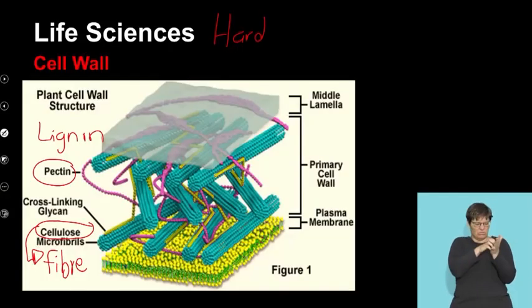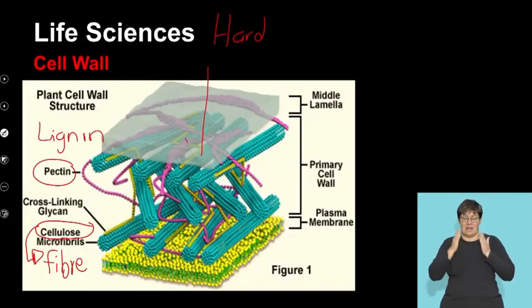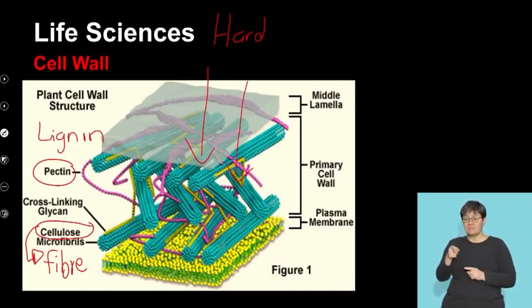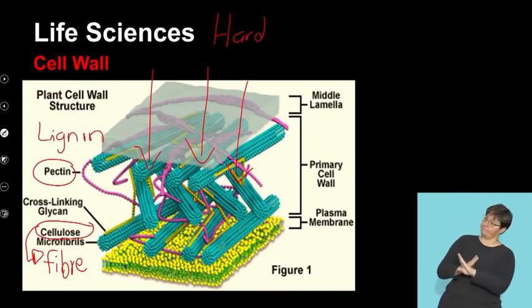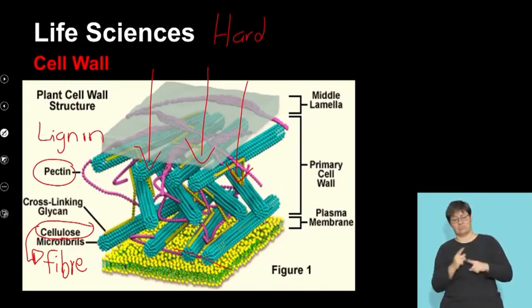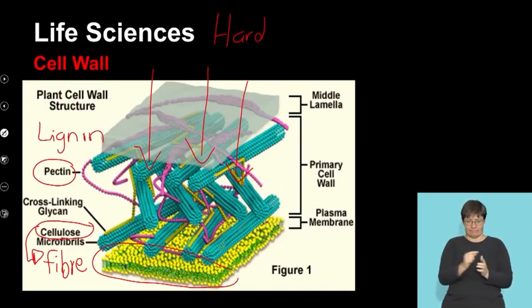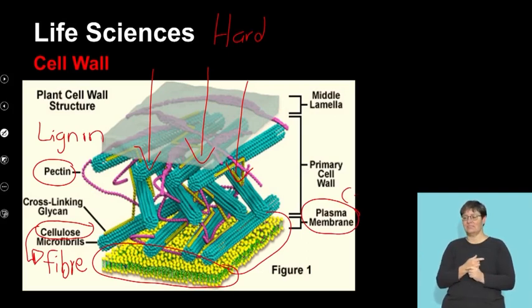But the cell wall, in its rigidity, will allow everything to come through if it could. It's non-living. It can't decide what to let in and what to let out. That's why right underneath it is going to be, you see the little yellow and green, that plasma membrane, which is another word for the cell membrane.